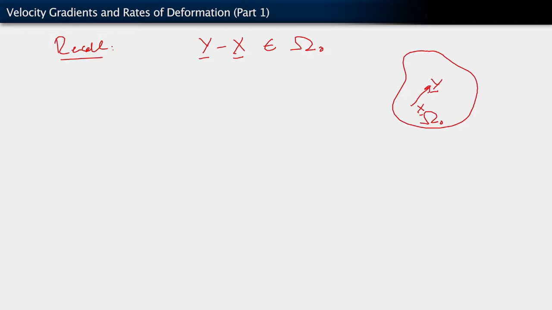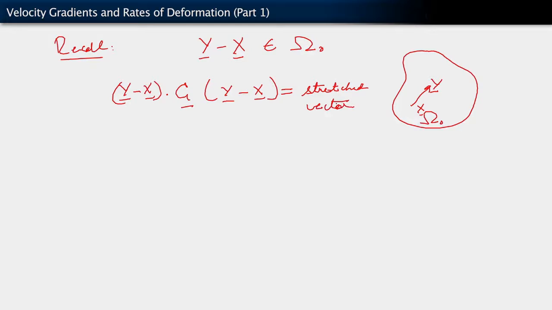Okay? All right, so if y minus x belongs to omega naught, we know that C acts on y minus x. Okay? And then you can dot it on the left also with y minus x. Okay? And then this gives us the stretched vector right under the deformation.